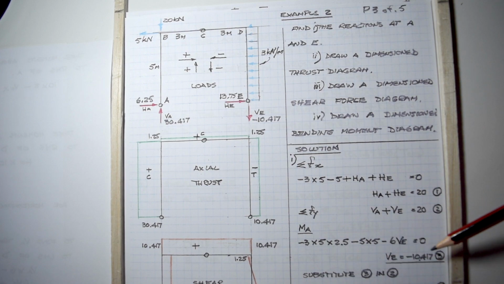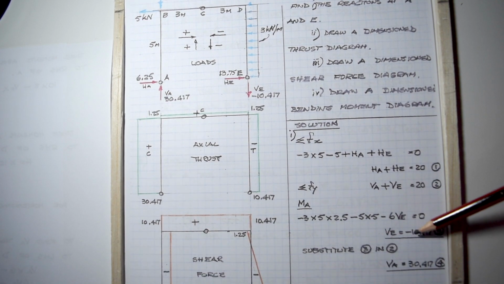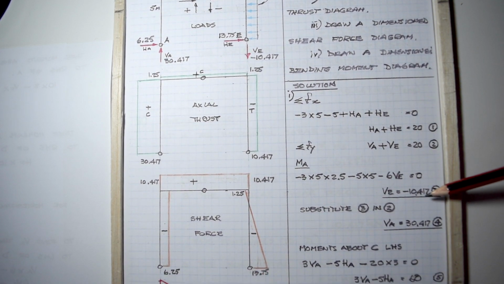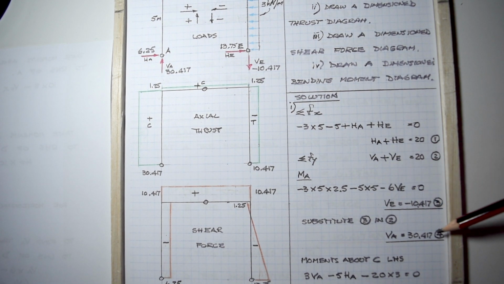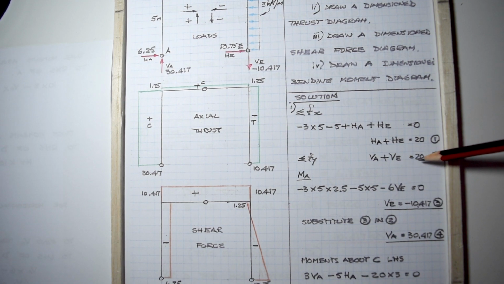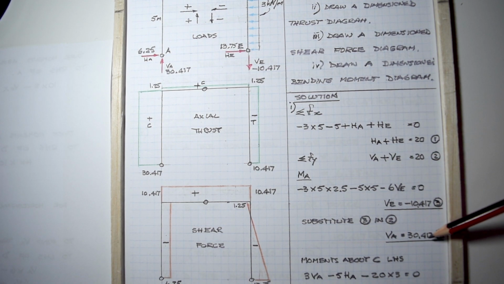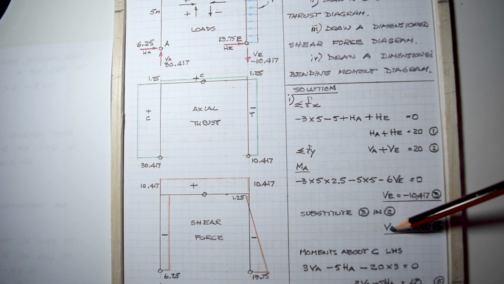When you solve this equation, you find that VE equals -10.417 kilonewtons. And if you substitute 3 into 2, you actually can solve for VA. So if you put -10.417 in there, you'll find that VA equals 30.417, and the signs are correct.